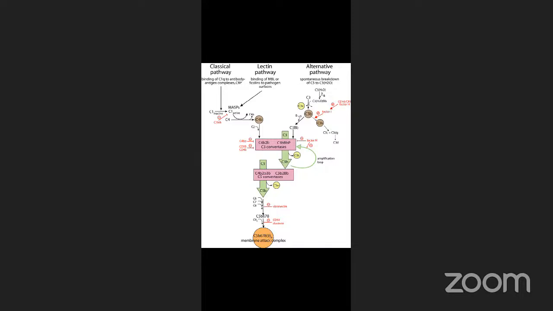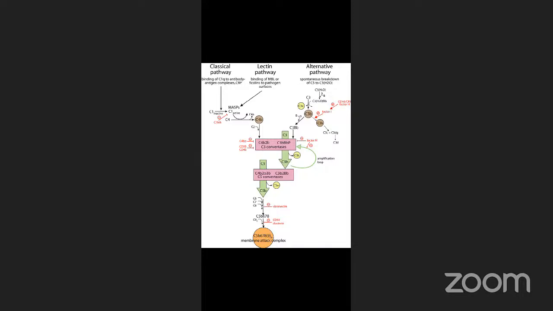This activation may further activate the C1s, which is another subunit of the C1 molecule. Whenever C1s gets activated, it also activates C4 and C2. It cleaves the C4 and C2 molecules in the presence of activated C1s.